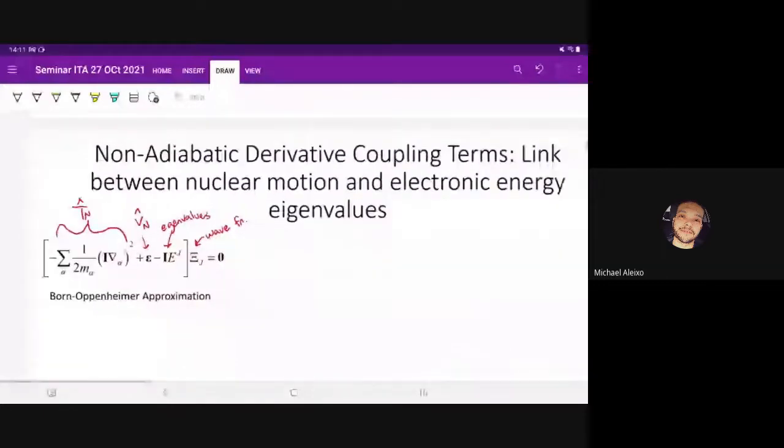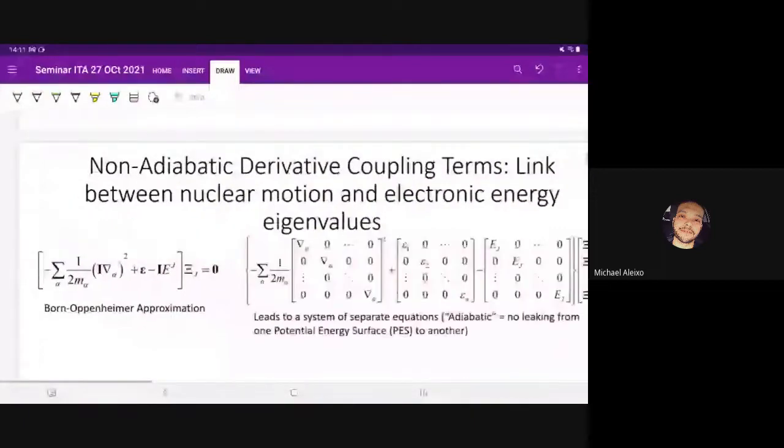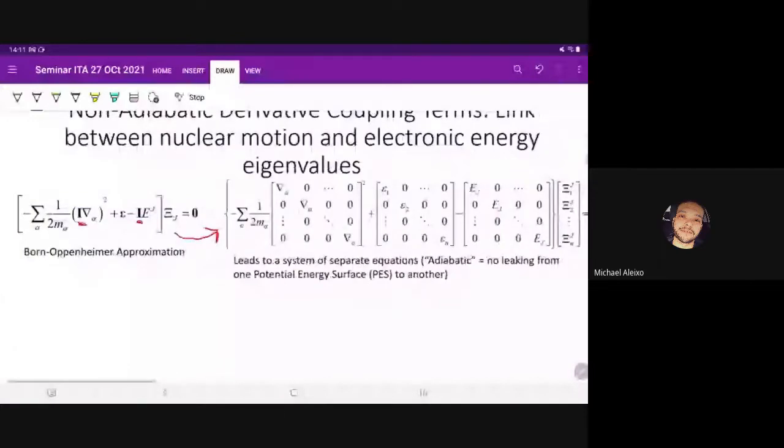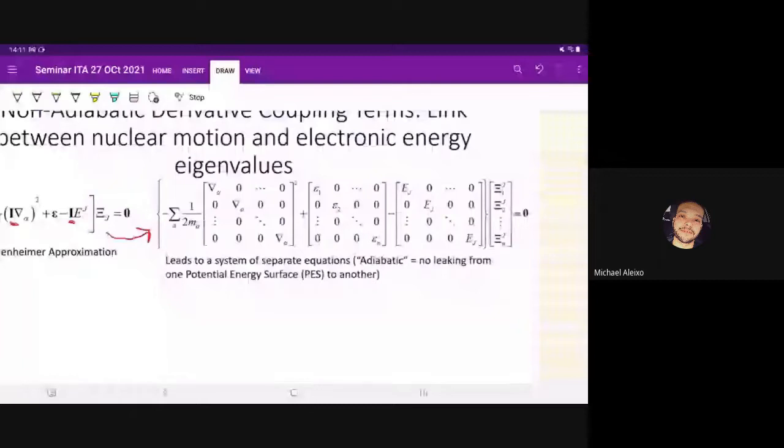So going on to the next slide here, what I'd like to do is take that and expand it as a matrix so we can see what that looks like. So we have some identity matrices, so those are pretty easy to expand. And we see what we get is that in the kinetic energy operator, the T sub n, we get the derivatives with respect to nuclear coordinates all along the diagonal.